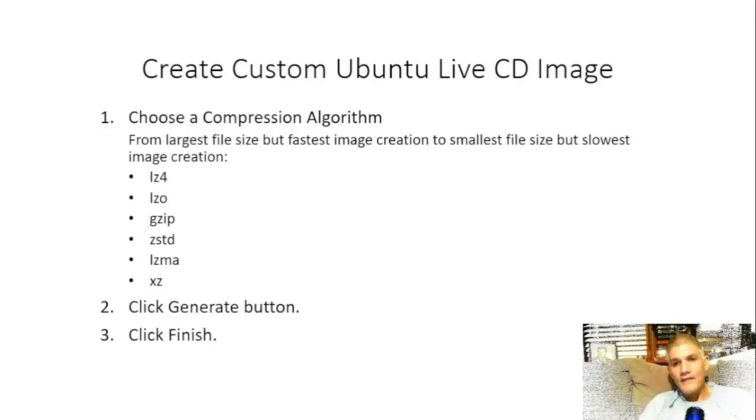So you have LZ4, which is the largest file size, LZO, GZIP, ZSTD, LZMA, and XZ. Once you choose the compression algorithm of your choice, you're going to click the generate button, and then you're going to click on finish.